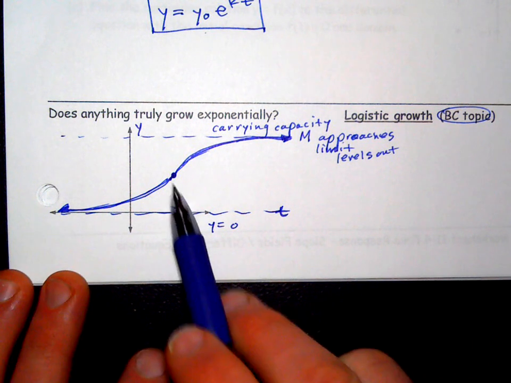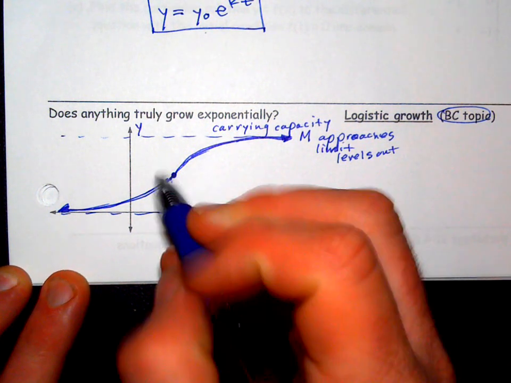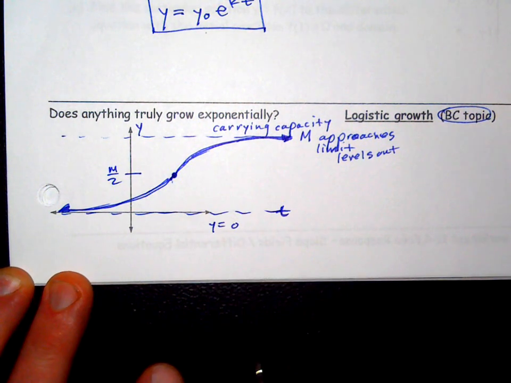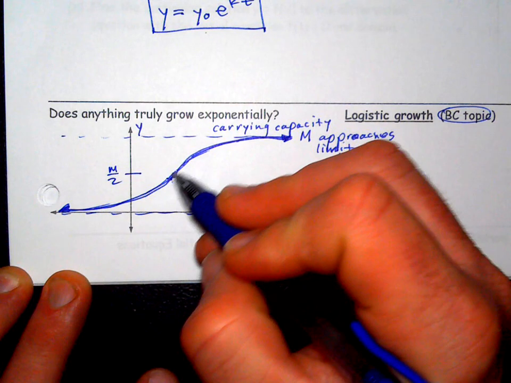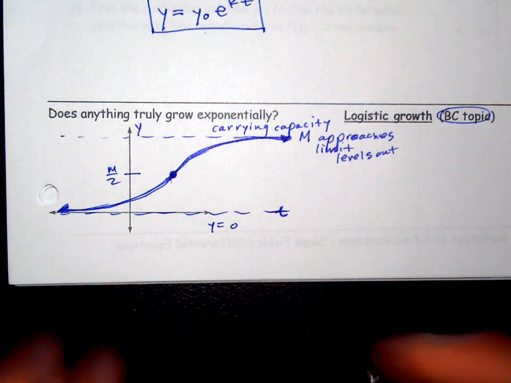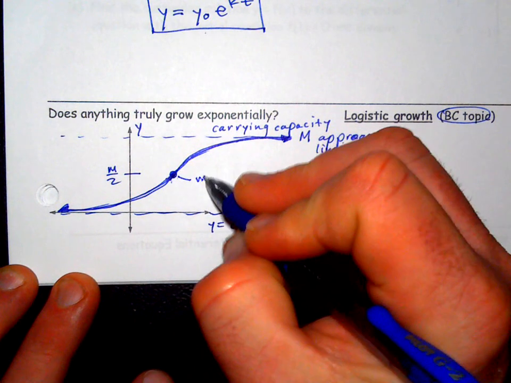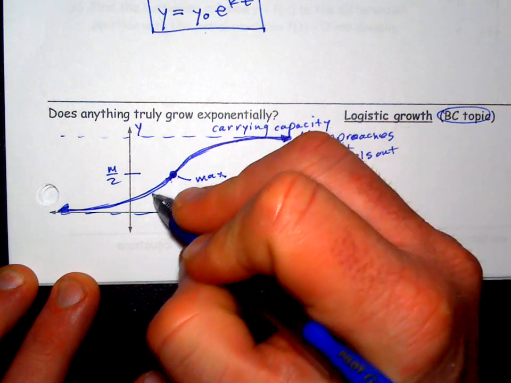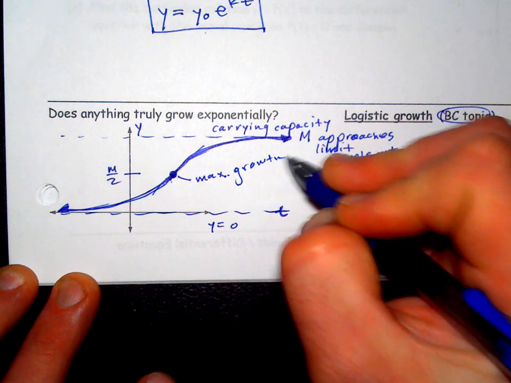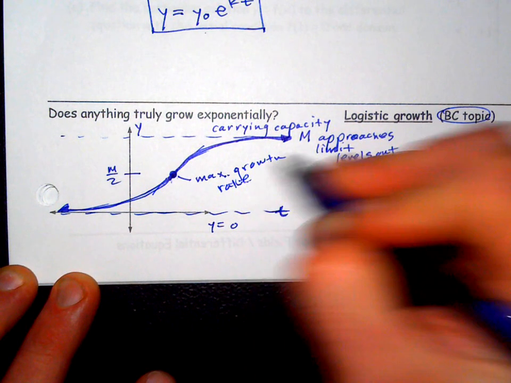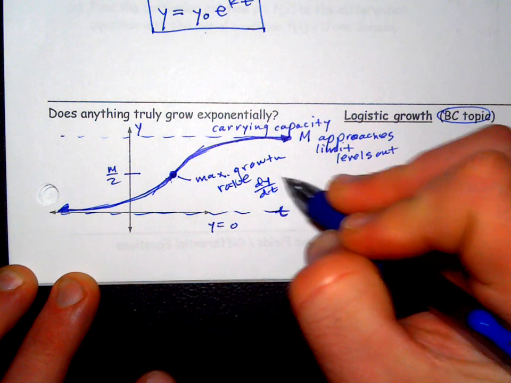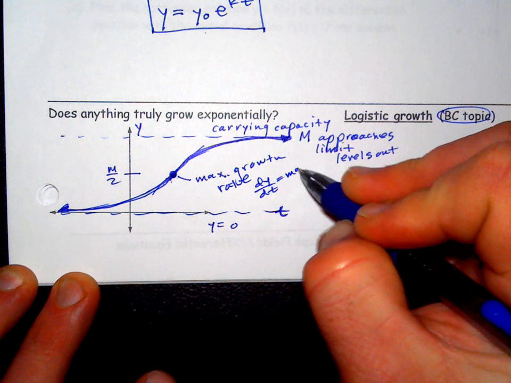And as soon as half the population has it, which happens at half the carrying capacity, it starts to slow down in how many new cases you get every day. So this is actually where the slope is the steepest. This is the max growth rate. And this is when dy/dt is its maximum value.